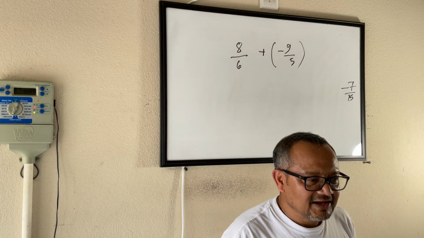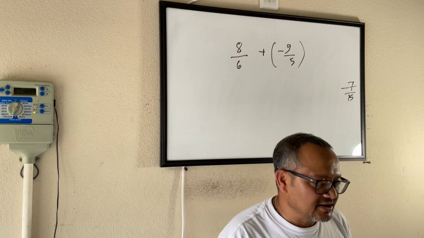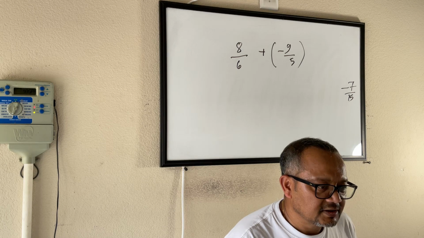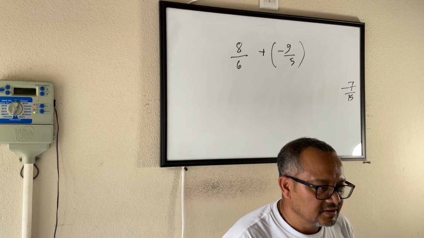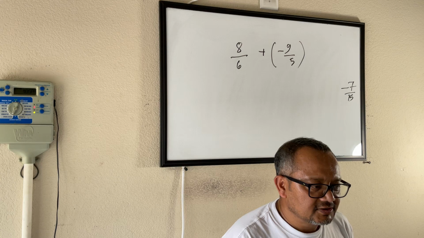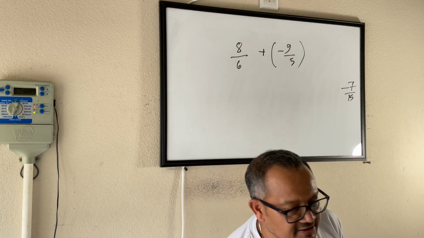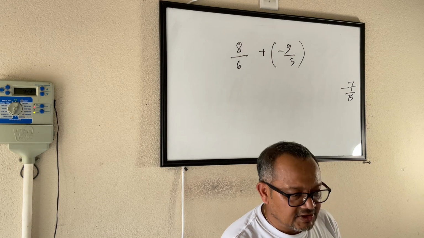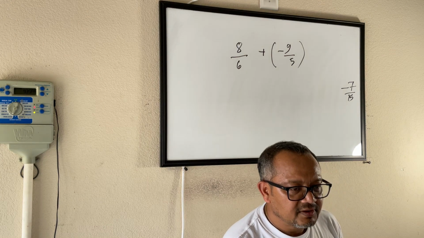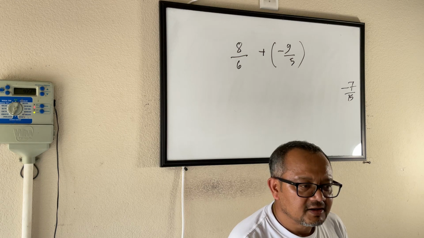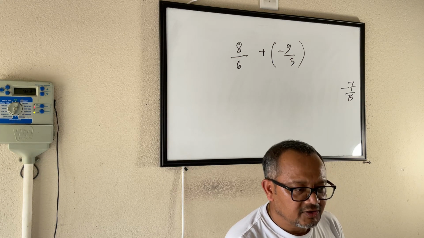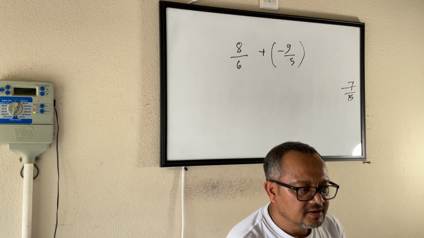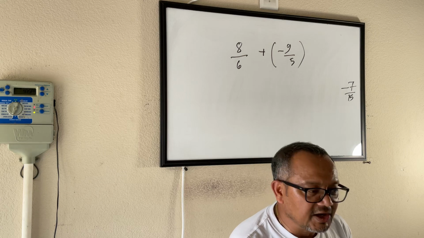Let's see. What did Sanvita get? I got minus 7 over 15. Shaurya? Shaurya, you're talking to the mute button. Tell me the answer. Oh, I got negative 7 over 15. Arav? I got negative 7 by 15. Okay. Gayatri?